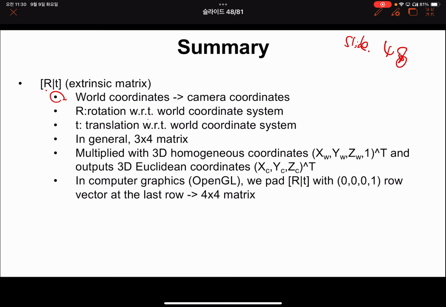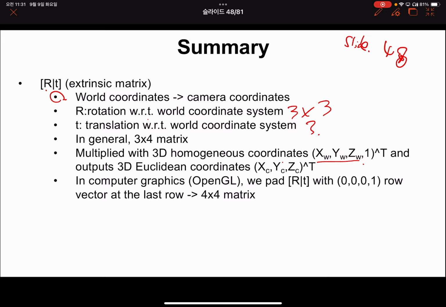We apply rotation to convert this world coordinate system to the camera coordinate system. But then we need to change position as well. If we only change rotation, then the position will be the same. So we need to change translation. Rotation is a 3x3 rotation matrix, and translation is just a three-dimensional vector. And then multiply with the 3D homogeneous coordinate in the world coordinate system, and output 3D Euclidean coordinates, right?